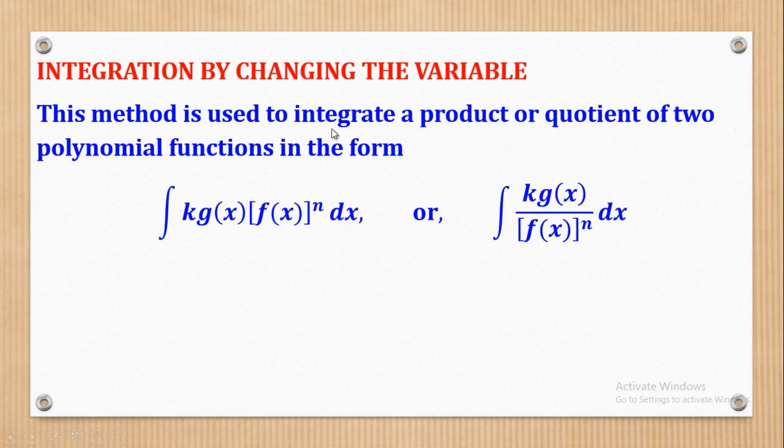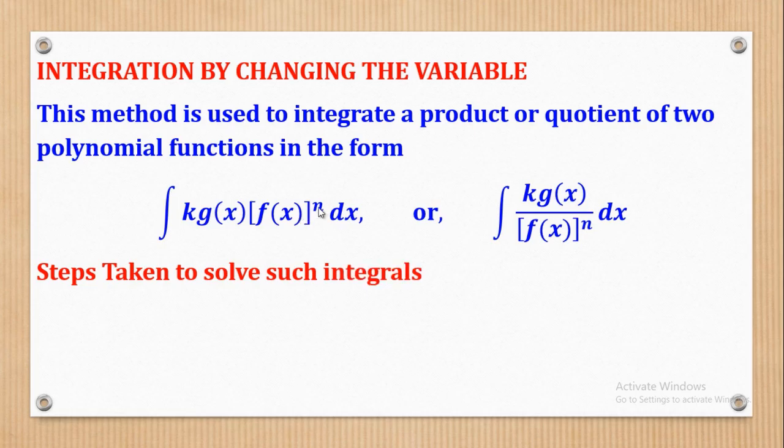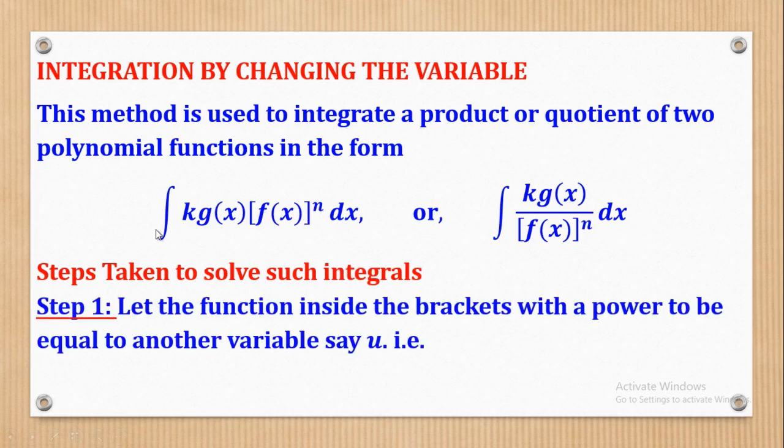In other words, this method of changing variable engulfs the method of recognizing function and its derivative. So all integrals which can be integrated using function and its derivative can also be integrated using this method of changing variable. So let's see the steps taken to solve such integrals.